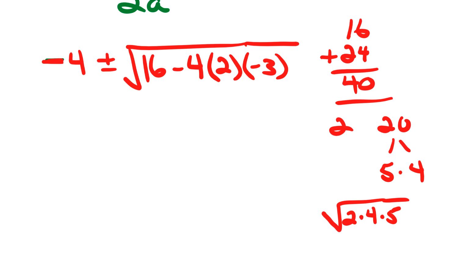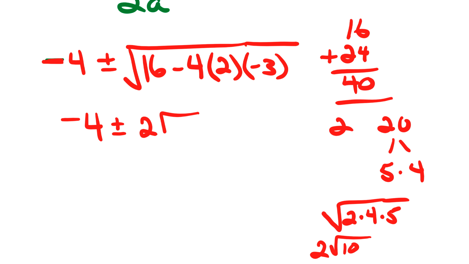The square root of 4 is 2, so 2 comes out front, and what's left underneath the radical is 2 times 5, which is 10. Did I get that right? So this is going to be negative 4 plus or minus 2 root 10, and that's all going to be divided by 2a, which is 2 times 2, which is 4.